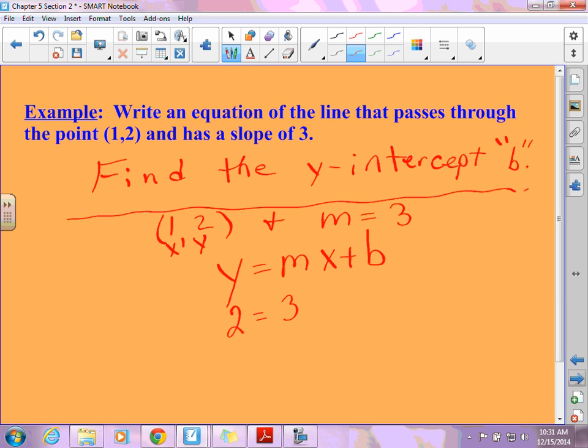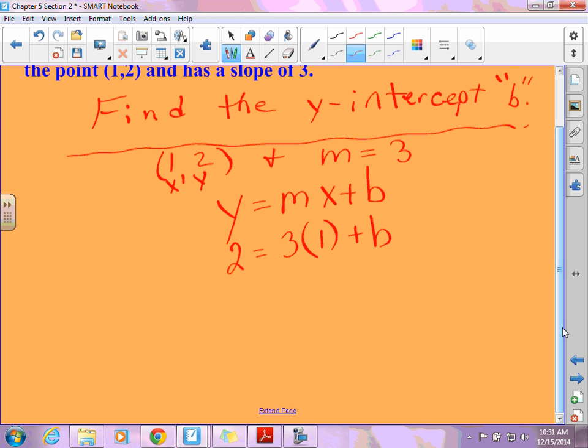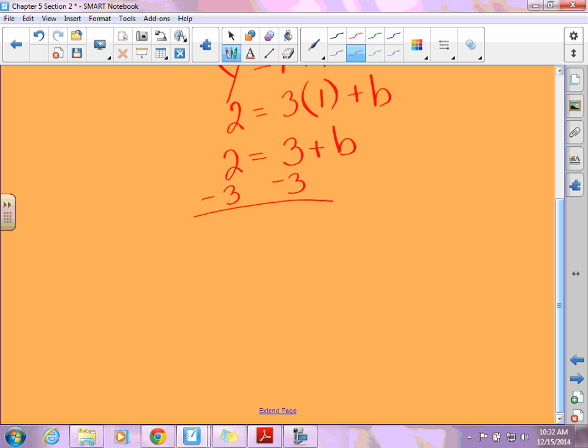My x is going to be 1 from my ordered pair, and I am going to try to find b, which is my y-intercept. Right? So I'm going to use my algebra magic. 2 equals 3 plus b. I'm going to subtract 3, and I end up with -1 for b.